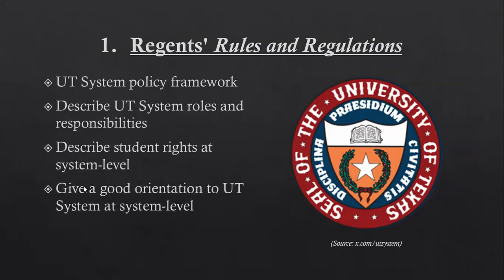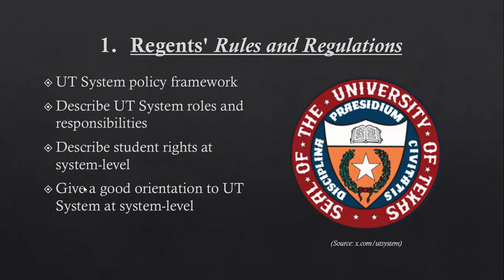The University of Texas System Board of Regents Rules and Regulations, or for short, just the Rules, make up the framework of higher education policy for the UT System, including for UT Tyler. The rules convey the board's expectations for all of UT System.